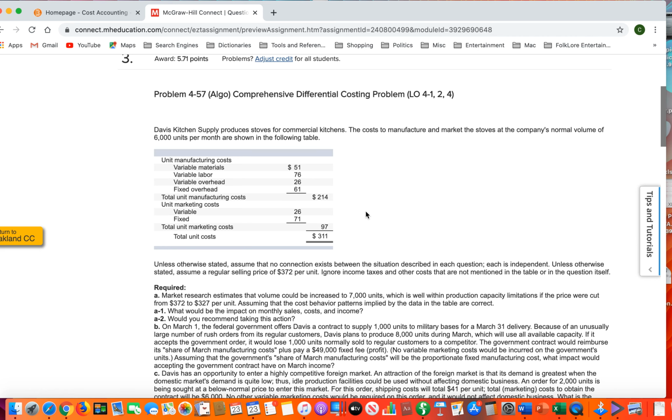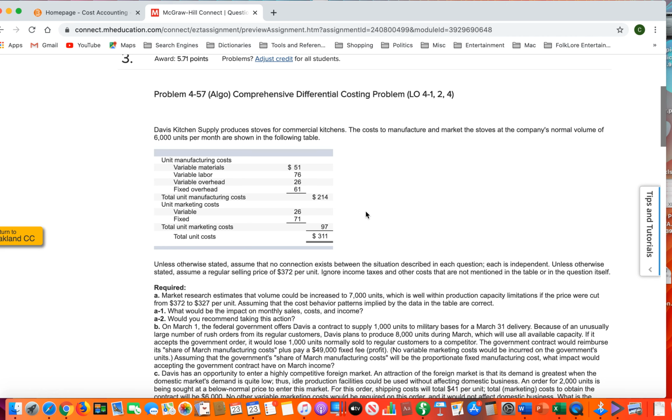All right? Multiply that by 1,000, and that'll give you 153,000. Okay? The variable cost, there's no variable marketing, it's just variable manufacturing cost, which is $153, right? Multiply that by 1,000. All right?